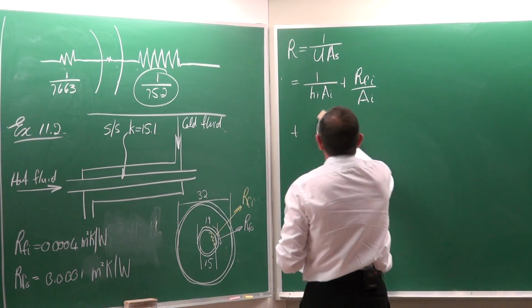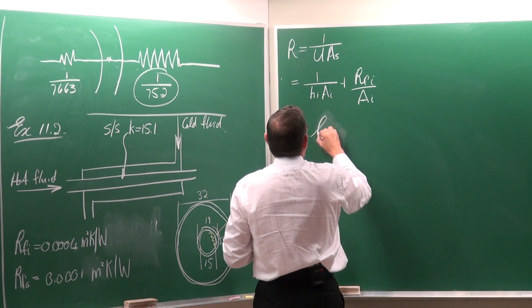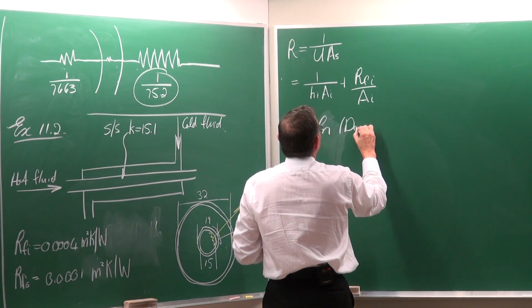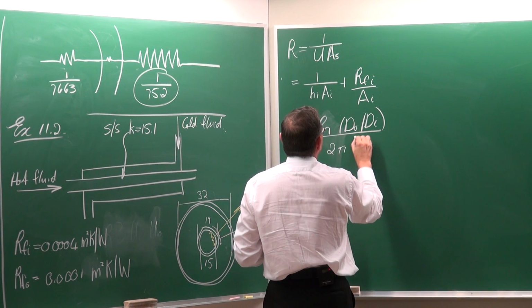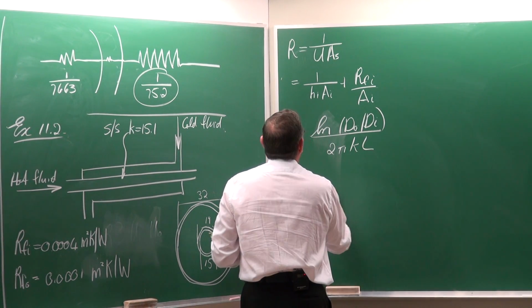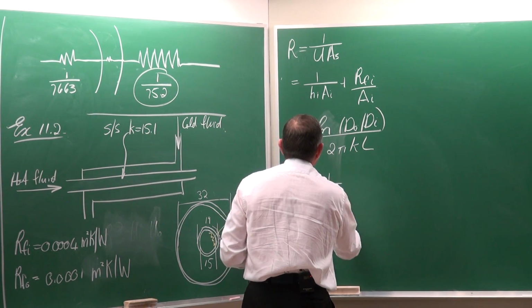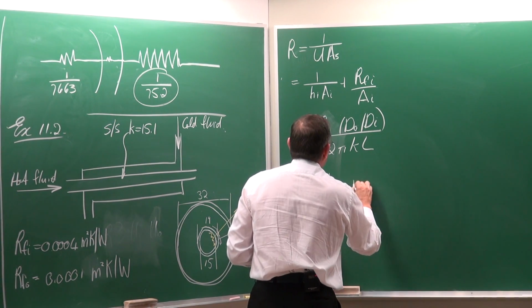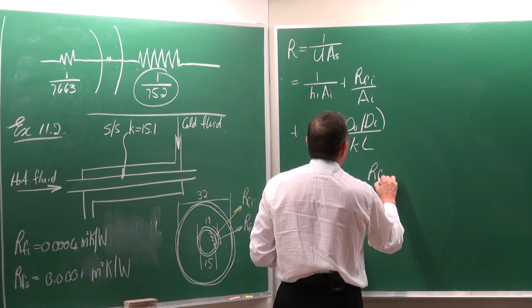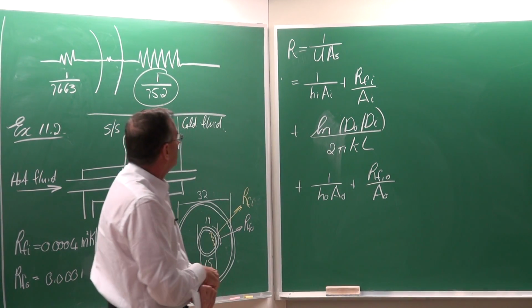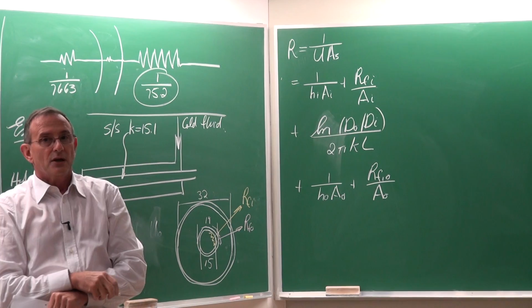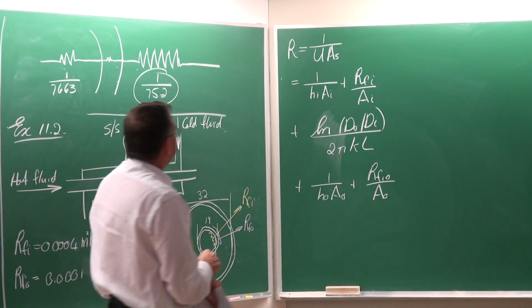Let me rather write it down. The resistance of the wall is the natural log of the outside diameter divided by the inner diameter, divided by 2 pi KL. And then the heat transfer coefficient on the outside, plus the resistance of the fouling on the outside. There's the total resistance term.